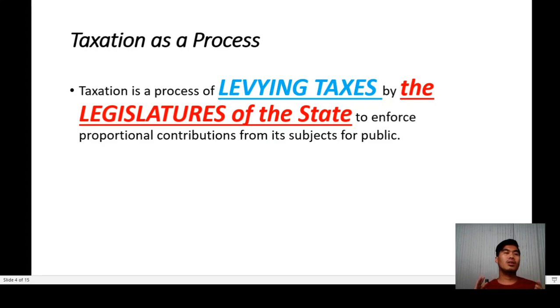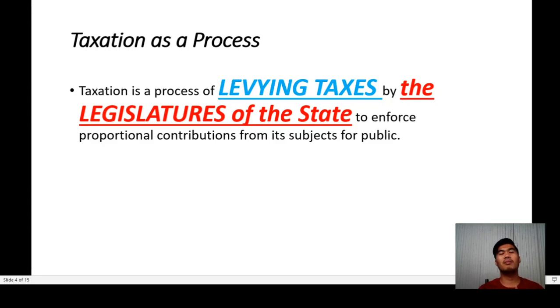Kumbaga, before we can have the paying of taxes, there must be tax laws. So itong mga tax laws na to are being imposed or levied by the legislative branch. Sino ba yung legislative branch?